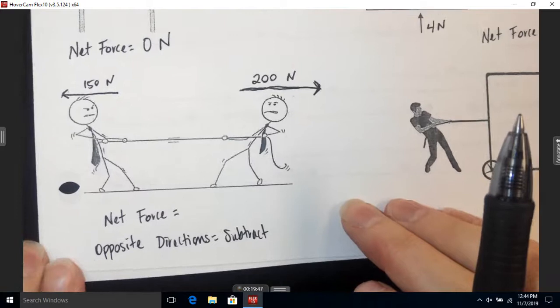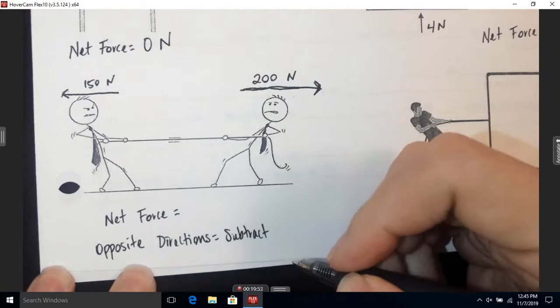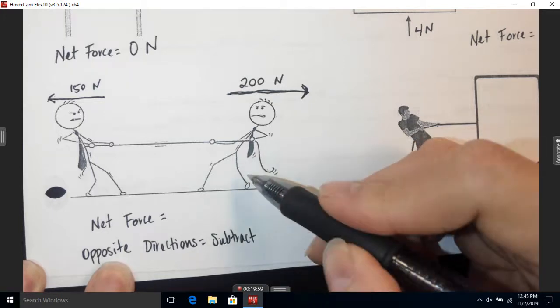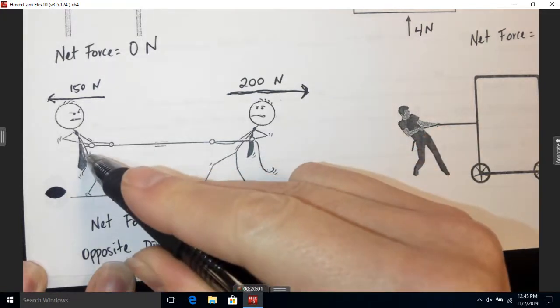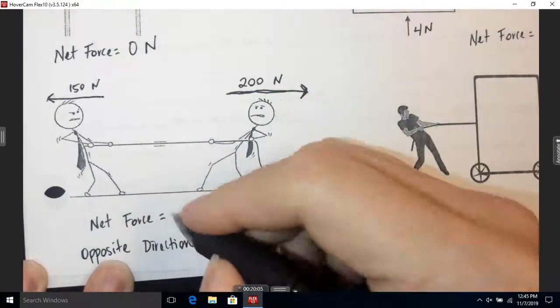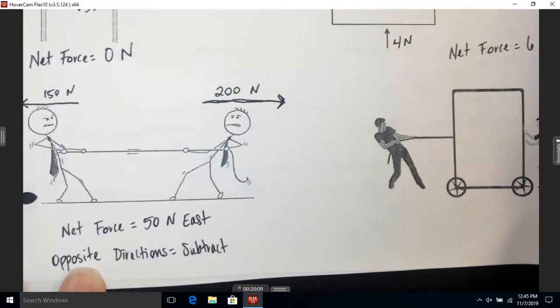They're working against each other. He's going this way, he's going this way. So you subtract it. He's pulling it more on that side. Oh, that doesn't matter. You're looking at this piece versus this piece. And that middle part doesn't matter.